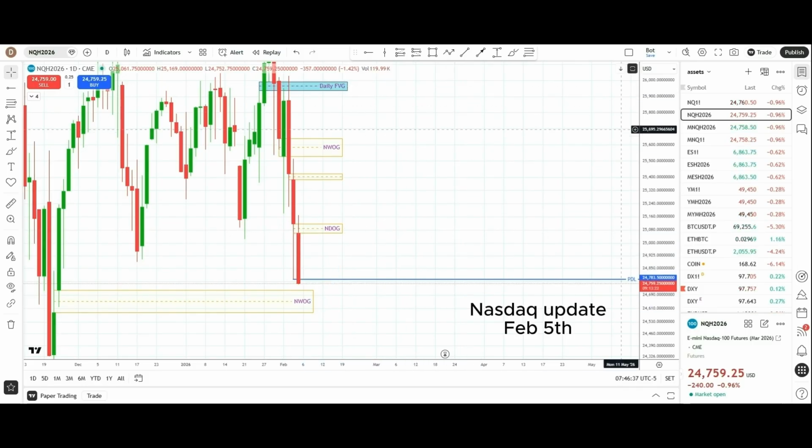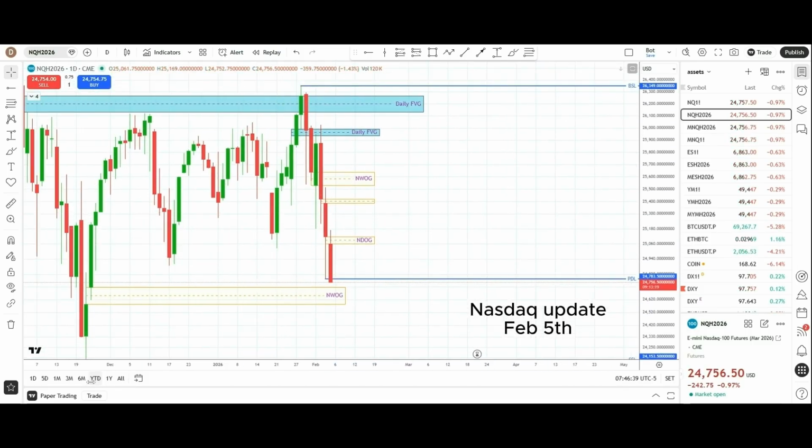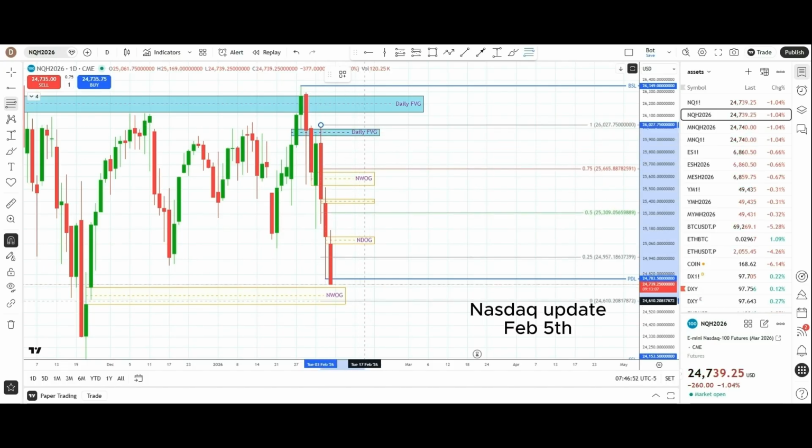If we are to use a tool to see how... we don't have the weekly full weekly candle, but you can use it tomorrow when you have a confirmation that the low of the week has been put in place.